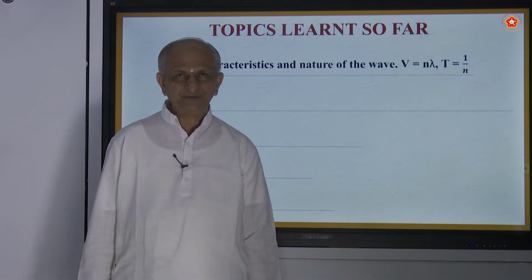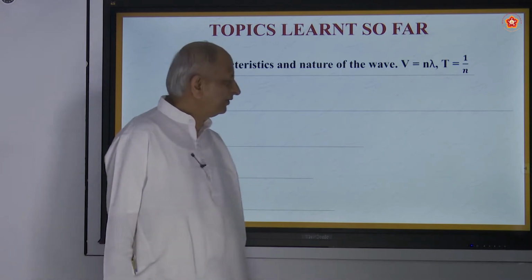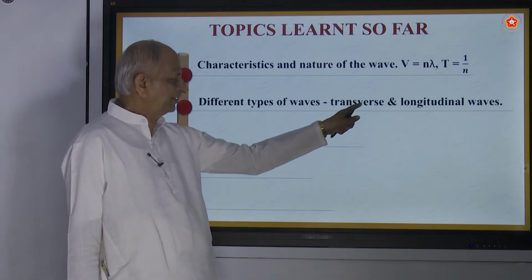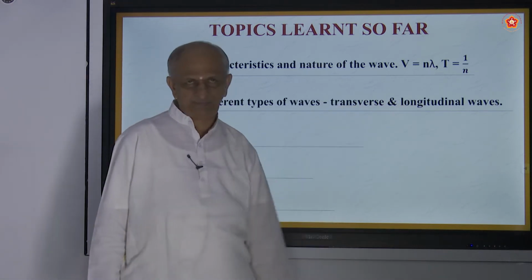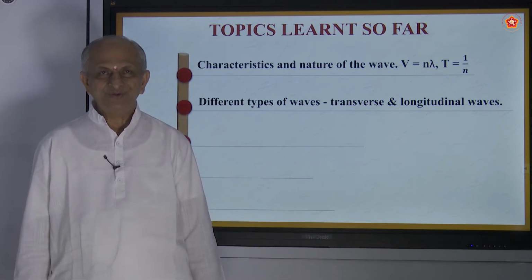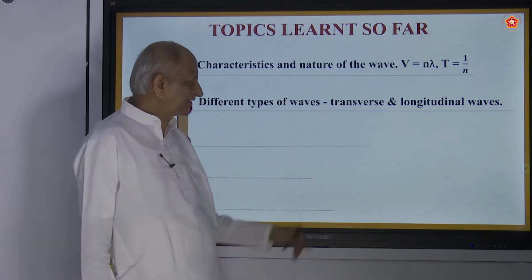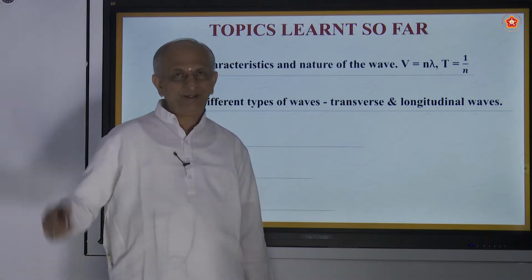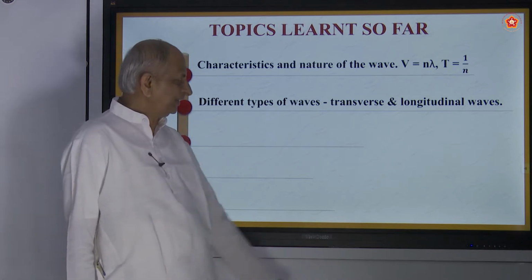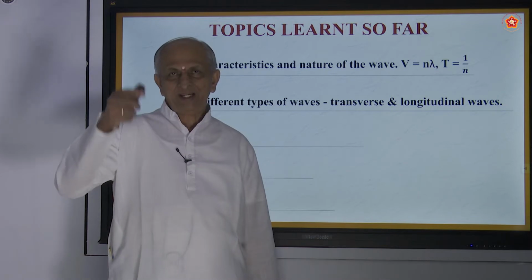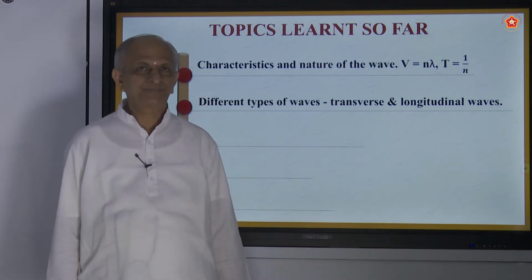There are two kinds of waves. One is called the transverse wave, another is called the longitudinal wave. And how does a wave move? In the case of transverse waves, they move perpendicular to the medium. In the case of longitudinal waves, they move parallel to the medium.